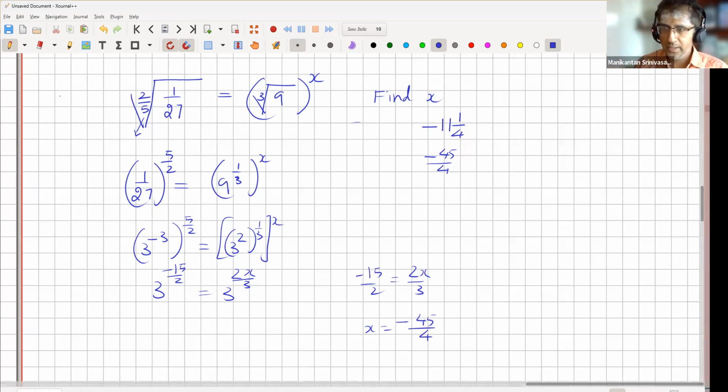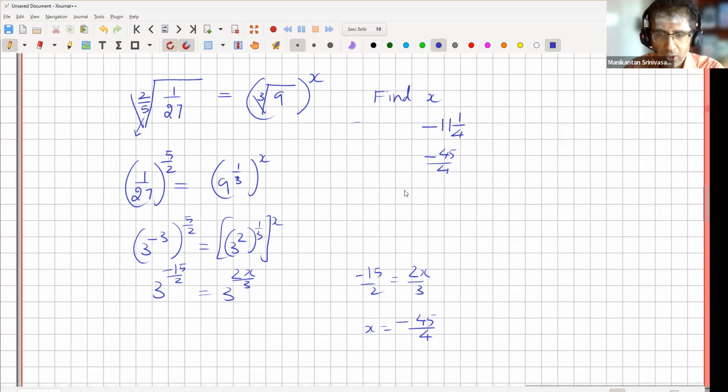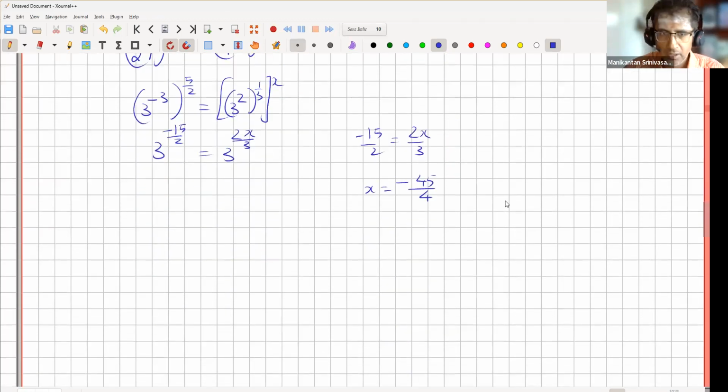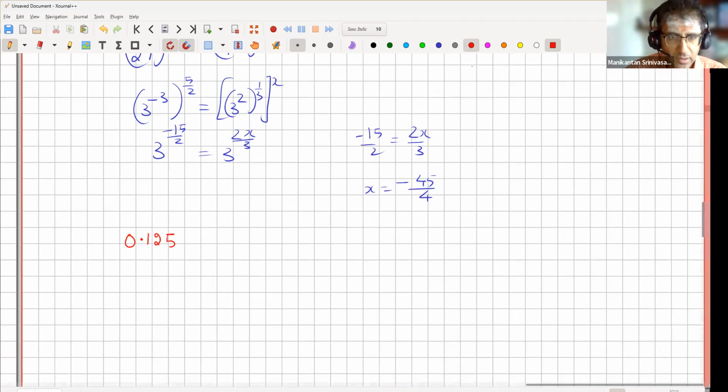Yeah, well done. Cool. One more. So 0.125, cube root of, oh, sorry, 1 second, I'll just write it out and then again, no calculator.